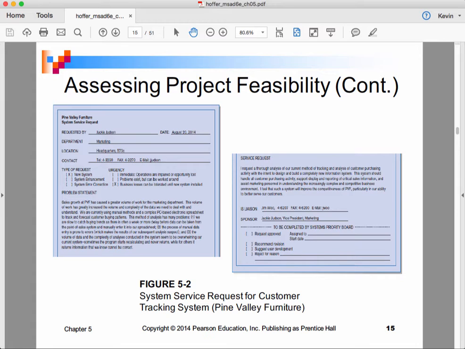And so this is a description of what we would want to do in the project with some analysis of the feasibility. And of course, if we make a positive assessment, then we're going to do the project. And if we made a negative assessment, then we would not proceed with it.